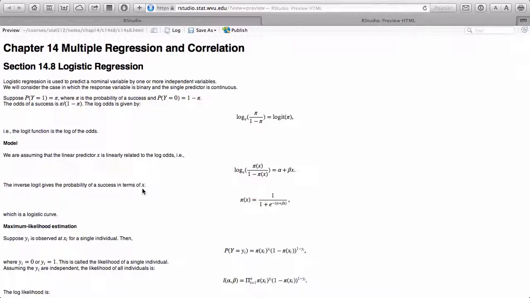So for example, if you had an operation or you had some procedure done related to cancer, a lot of times you talk about the 5-year survival rate. And in particular, what you want to know is, what is the probability that a patient survives 5 years?